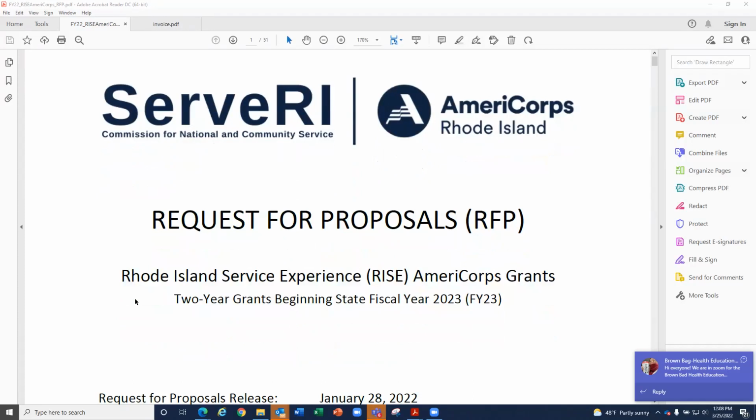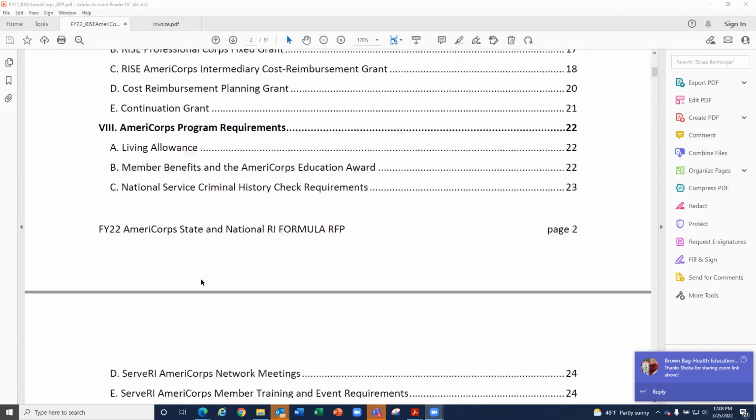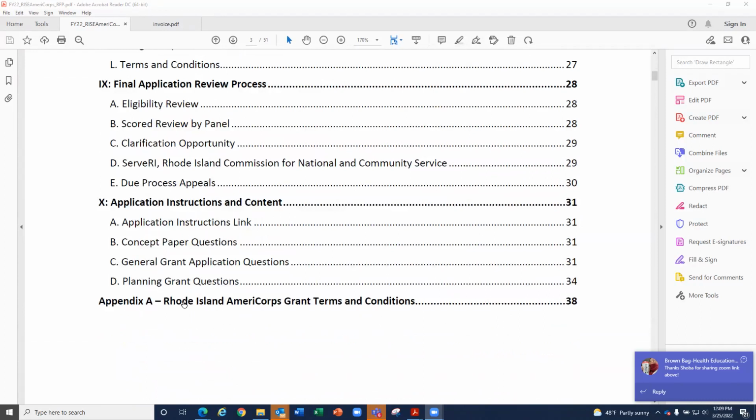But in our RFP itself, the document that you've all read, hopefully, and if not, it's at www.serverrhodeisland.com/Americorps grants, our request for proposals. There is a table of contents, and the very last item in that table of contents is Appendix A, the Americorps grant terms and conditions.